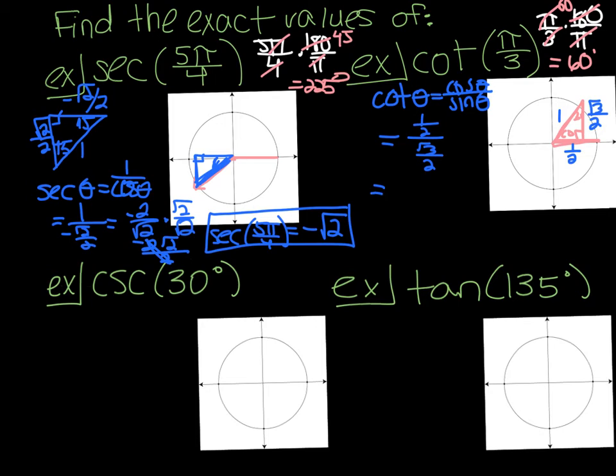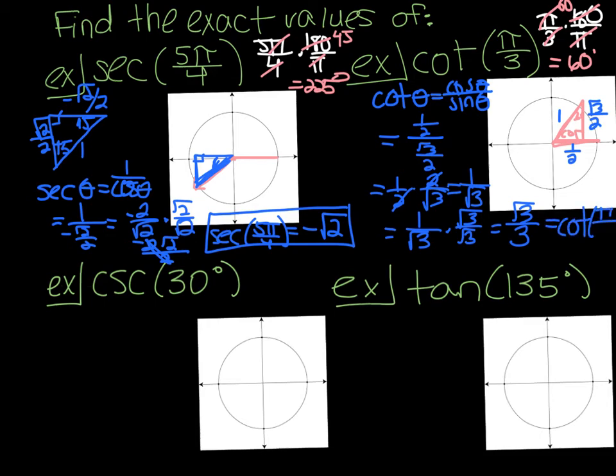Keep change flip, you're going to get 1/2 times 2 over radical 3. The 2's cancel and you get 1 over radical 3, but again I want to rationalize that denominator. So I'm going to multiply the top and bottom by radical 3. I get radical 3 over 3, and that's what the cotangent of pi over 3 equals.